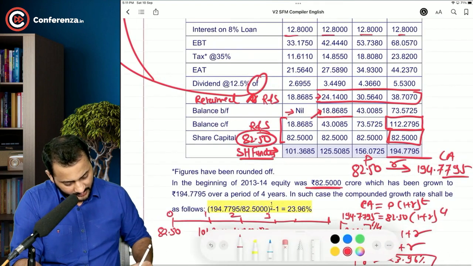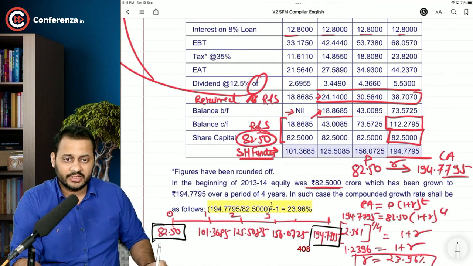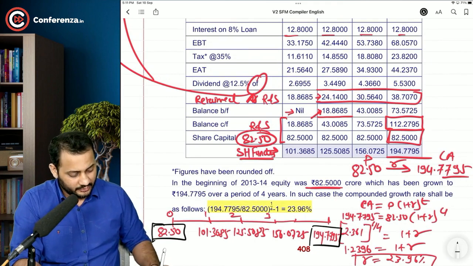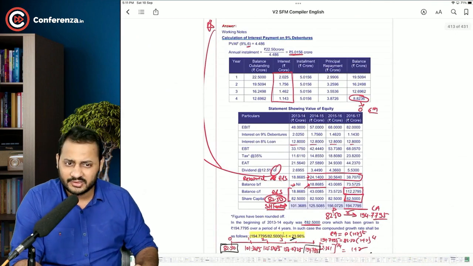So all you had to calculate was at what rate this 82.50 has become 194.7795. That's 23.96%. That's your first answer, and the second answer was already discussed by us, I think.